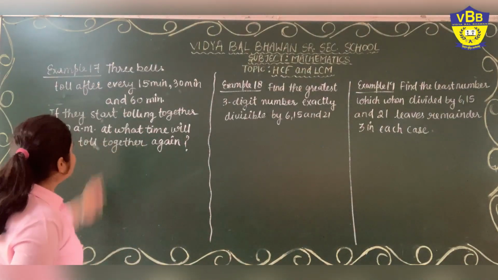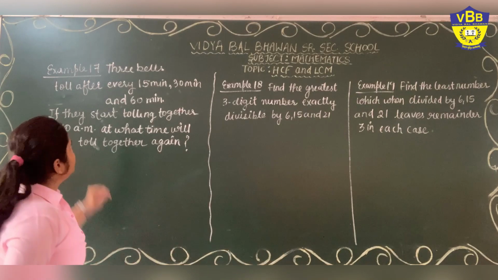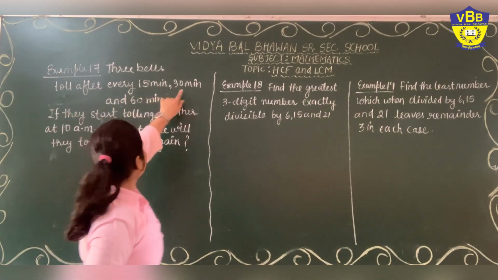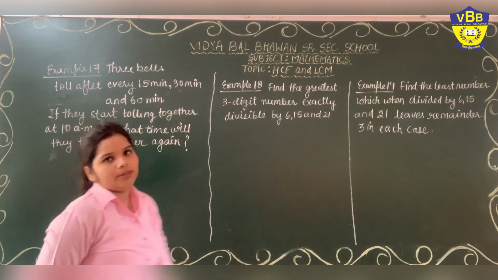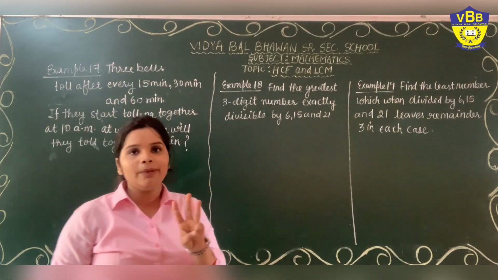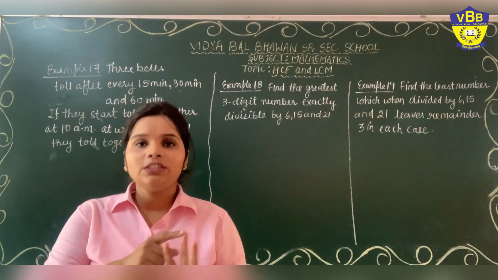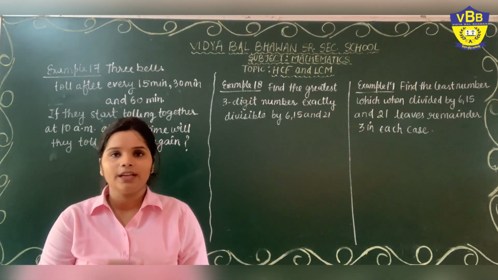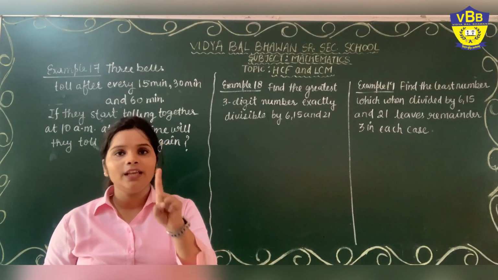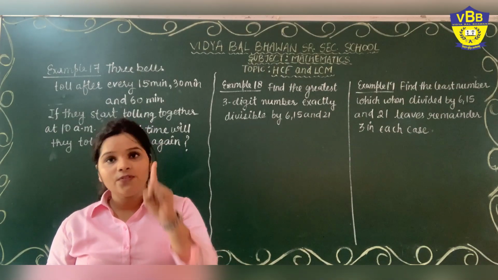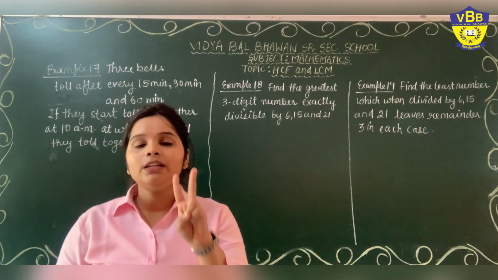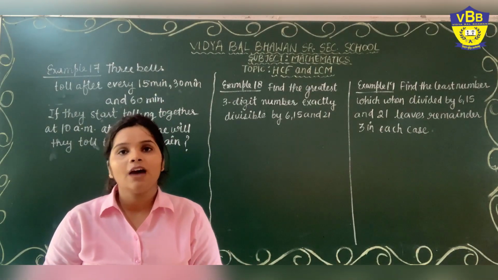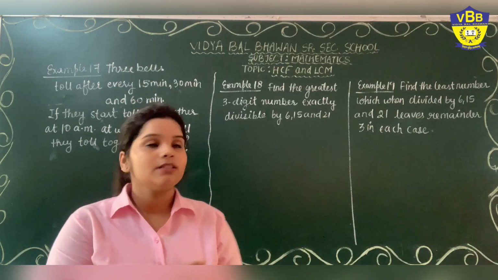First, example number 17 says 3 bells toll after every 15 minutes, 30 minutes and 60 minutes. Like we have 3 bells and all 3 bells ring at different intervals. The first bell will ring after every 15 minutes, the second after every 30 minutes and the third after every 60 minutes.